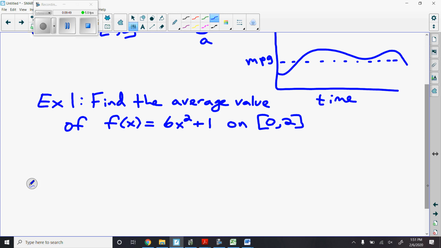Okay, so here's the problem. I want to find the average value of f of x when f of x equals 6x squared plus 1 on the interval 0 to 2.